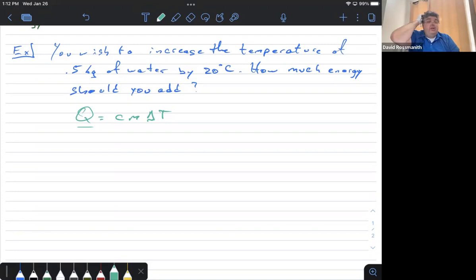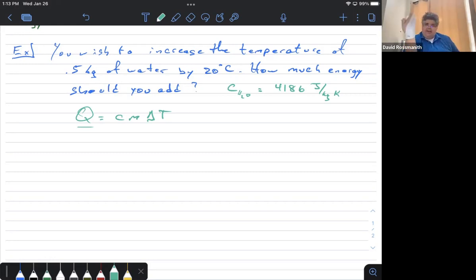So one thing we need to know is what is the specific heat of water? In general, you could look this up on Google or whatever, but I will tell you the specific heat for water is about 4186 joules per kilogram Kelvin. Now, if you take chemistry, a lot of times they use different units.